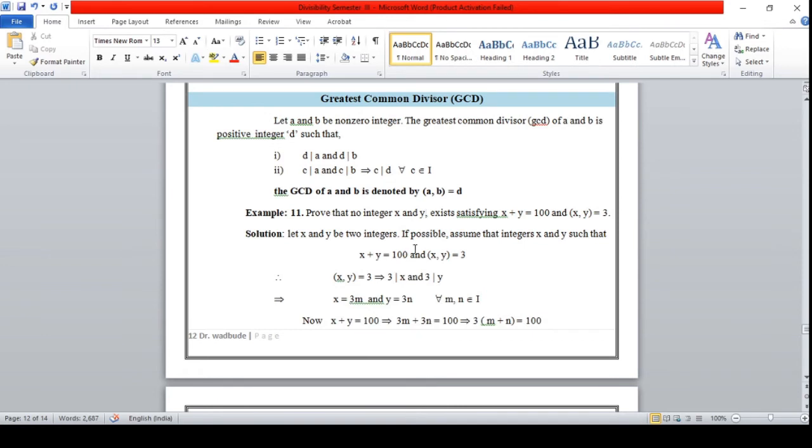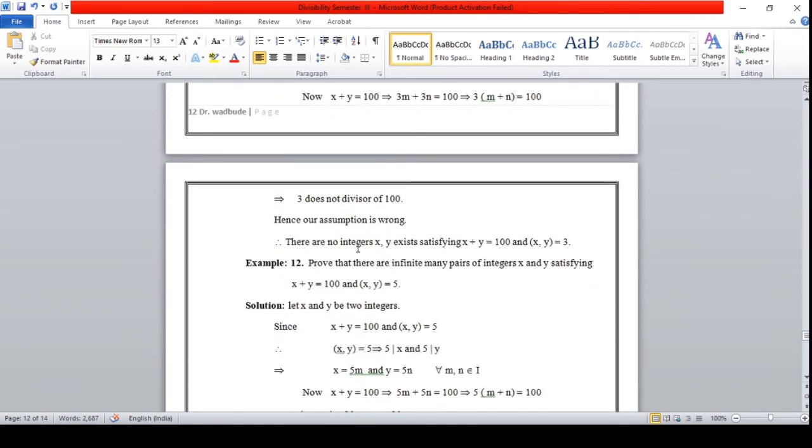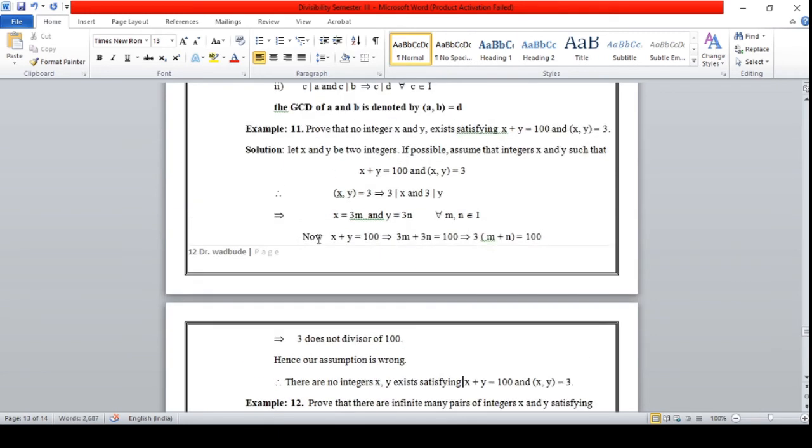What is our assumption? Our assumption is that there are integers x and y such that this holds. So there are no integers x and y that satisfy x plus y is equal to 100 and their GCD is 3.